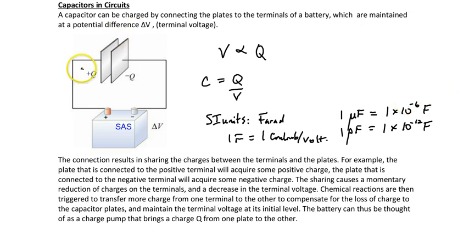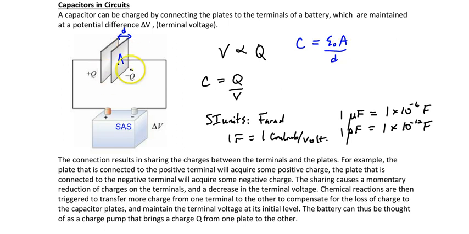The parallel plate capacitor shown here is really the only type of capacitor you'll see in AP Physics B. It consists of two flat parallel plates with a cross-sectional area A and separated a distance d. The capacitance of a parallel plate capacitor is proportional to the cross-sectional area A divided by the separation distance between the plates d.